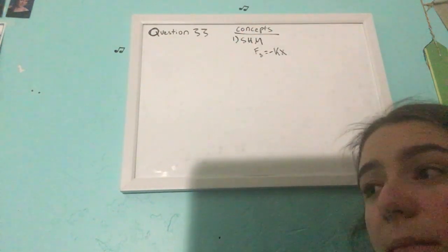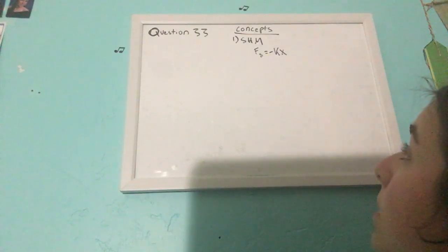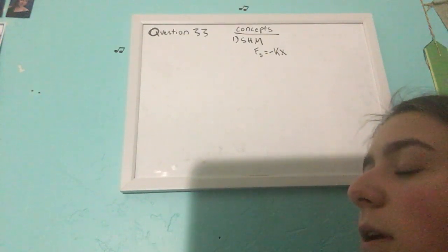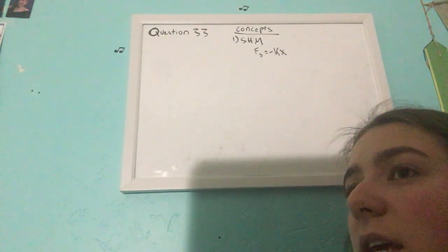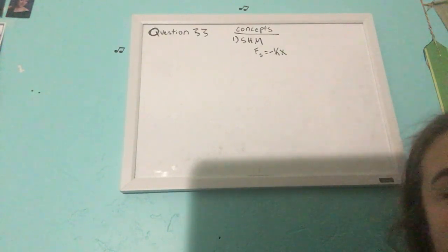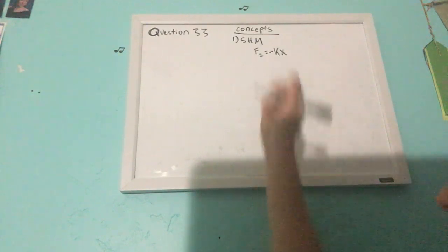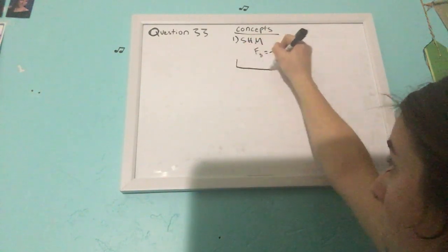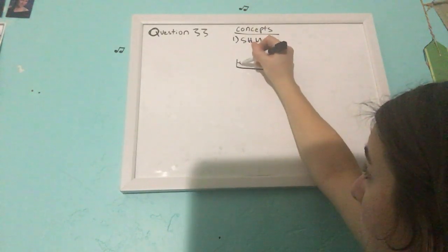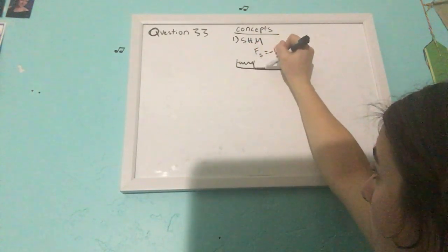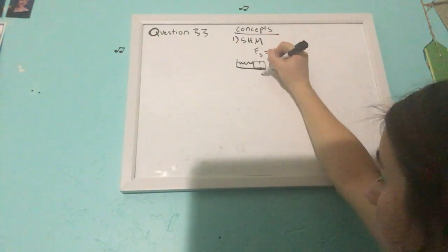Now I'm going to show, for simple harmonic motion for a spring, where acceleration, velocity, and displacement are, using diagrams. The first one I'm going to show is when an object is in equilibrium.